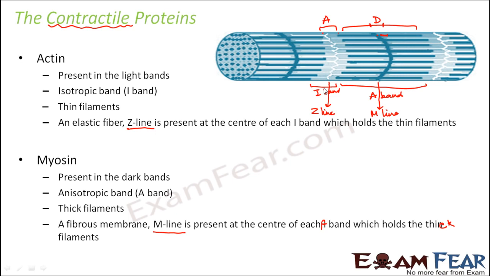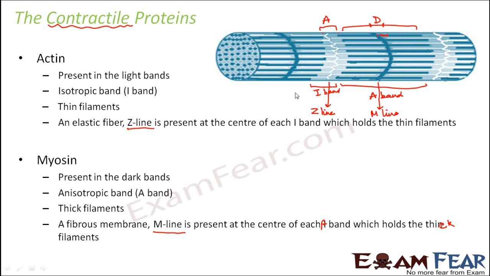It consists of filaments, because these proteins are present in the form of thin structures. The thinner ones are the actin and they form the light bands, which are isotropic, and the thicker ones are the myosin, which form the anisotropic band. At the center of the isotropic band you have the Z line, and at the center of the anisotropic band you have the M line. This is the basic structure of the contractile protein.